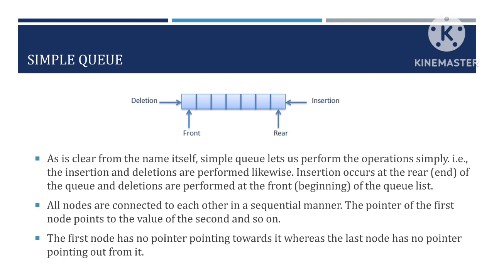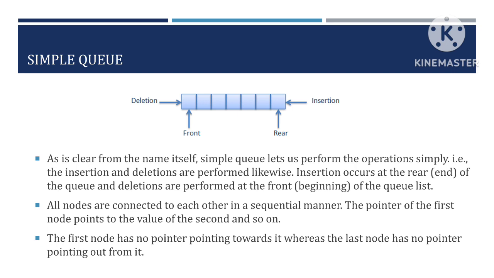All the nodes in the normal queue are connected to each other in a sequential manner. The pointer of the first node points to the second. Similarly, the pointer of the second points to the third, and so on.